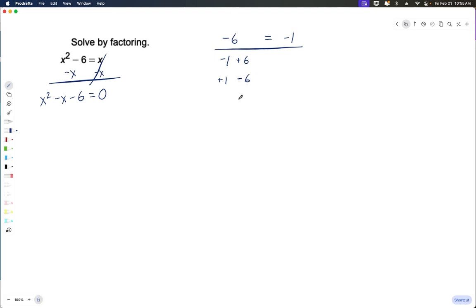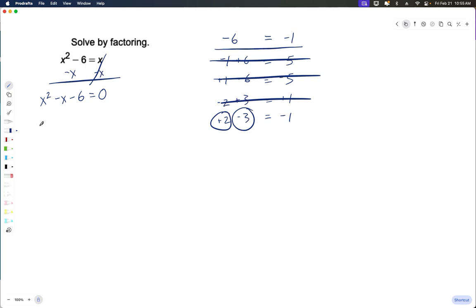So 1 and 6, and then you've got 2 and 3. So negative 2, positive 3, positive 2, negative 3. When I add these together, I get a positive 5, negative 5, positive 1, negative 1. So I need a positive 2 and a negative 3.